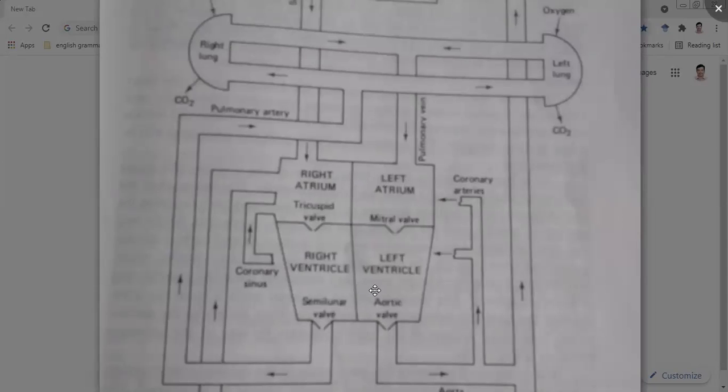The heart has 4 chambers. The topmost chambers are called atria, and the lower chambers are called ventricles. The left side atrium is called the left atrium, the right side atrium is called the right atrium, and then the right ventricle and the left ventricle.